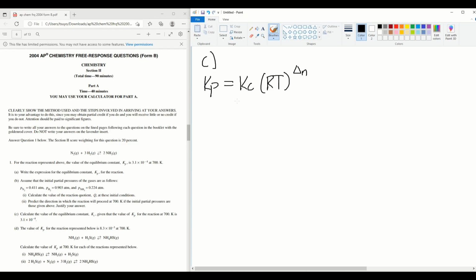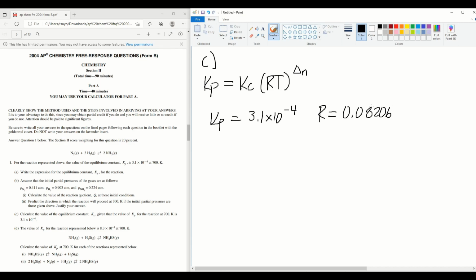So we know that Kp is equal to 3.1 times 10 to the negative fourth, because it's given here, and R is the universal gas constant in liters times atm over moles times K. So this is equal to 0.08206.